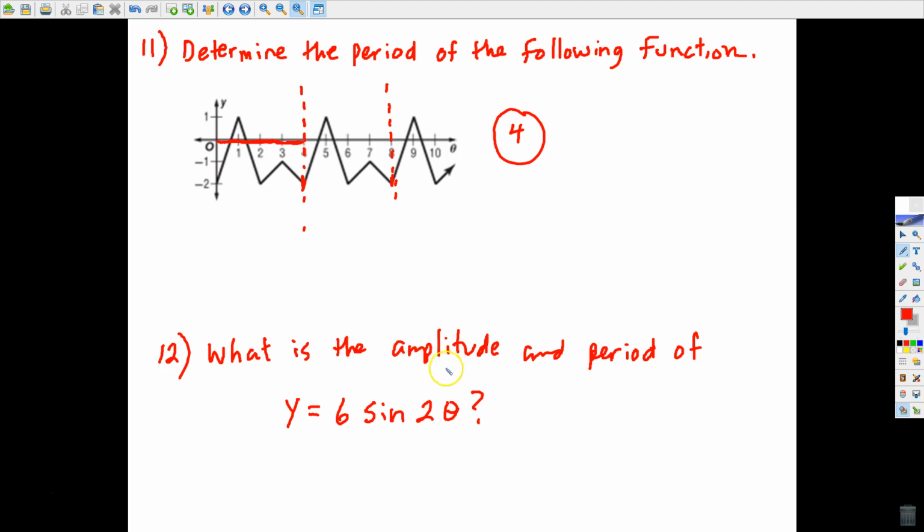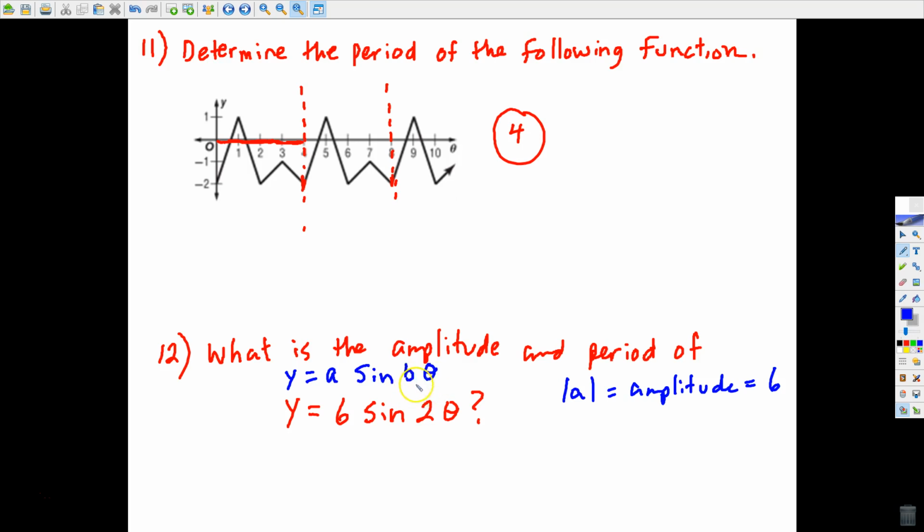Number 12, the way to determine amplitude. I'll just give you the general statement. I'll call this B. Whatever A is, the absolute value of A will be amplitude. That's pretty simple. In this case, for number 12, that would be 6.